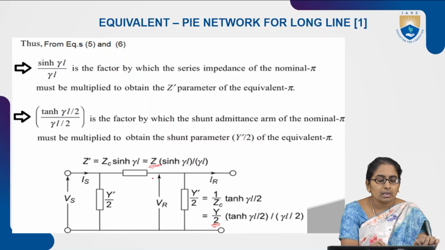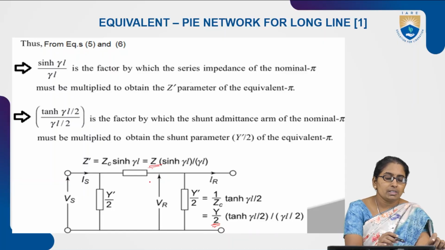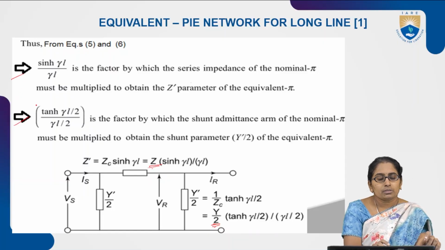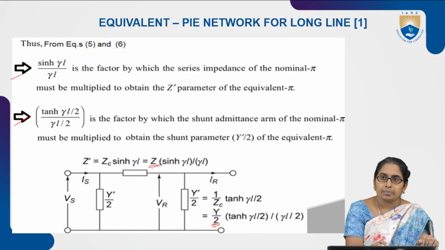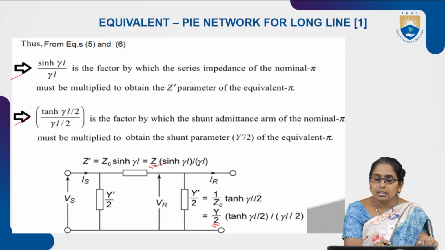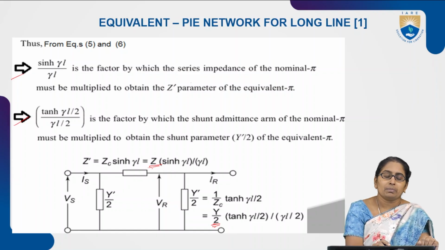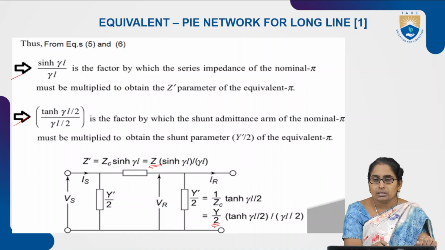Sinh gamma L by gamma L. That is what is mentioned: sinh gamma L by gamma L is a factor by which the series impedance of the nominal pi must be multiplied to obtain the Z dash parameter of the equivalent pi.